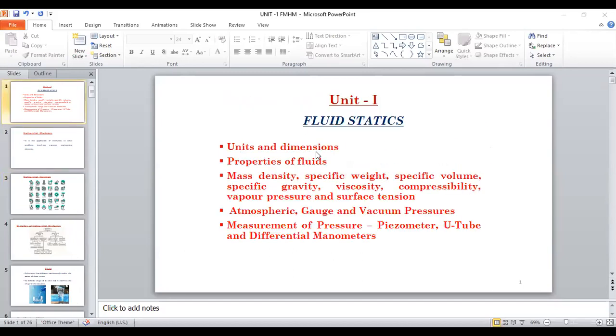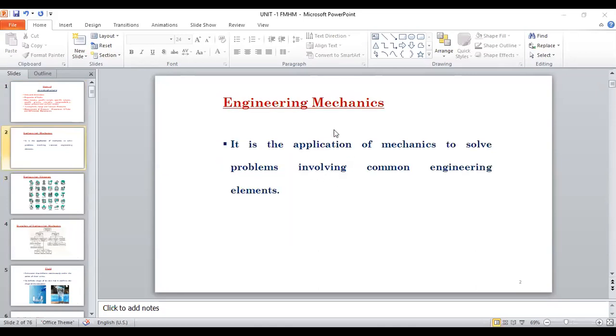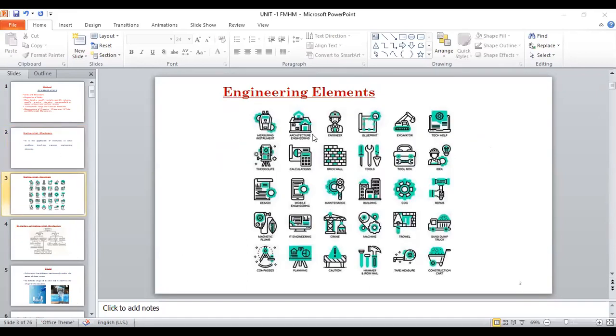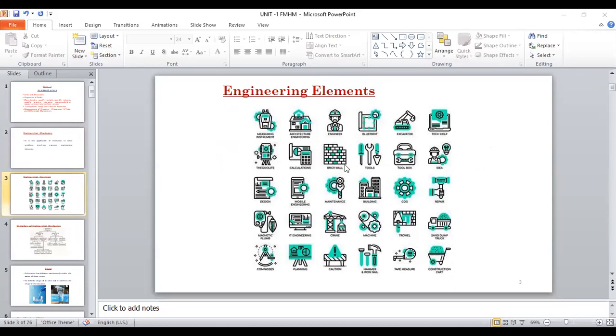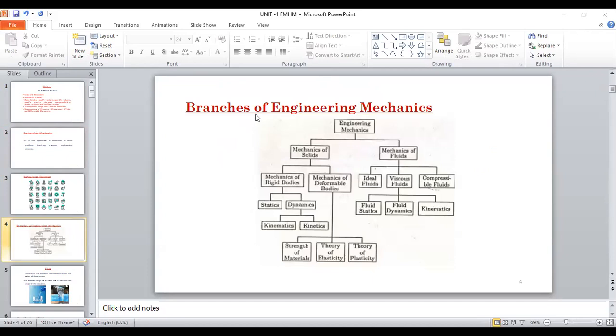So we have seen the unit name and the different topics in it. Next we have seen the basic subject which we need before learning fluid mechanics and hydraulic machines, that is our engineering mechanics. Next we saw some engineering elements where engineering mechanics, fluid mechanics and other topics are used for solutions. And next, these are the subdivisions of engineering mechanics.